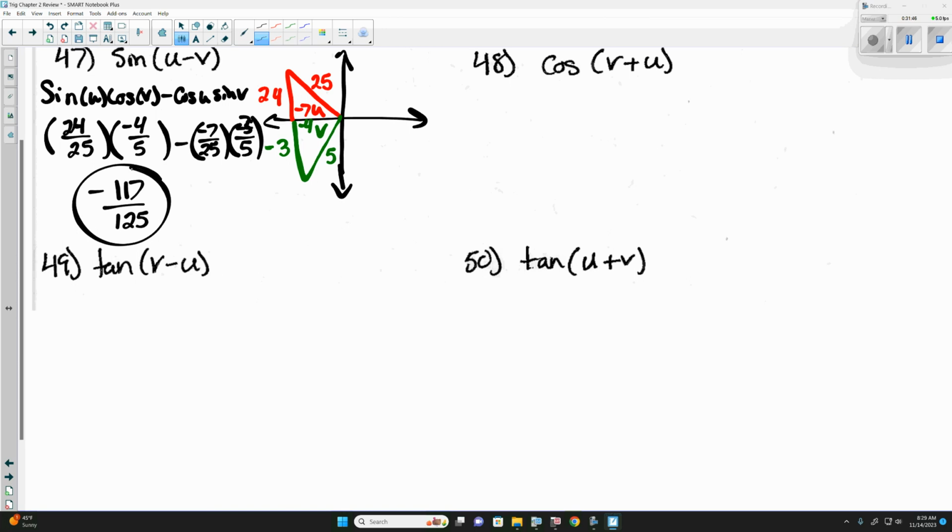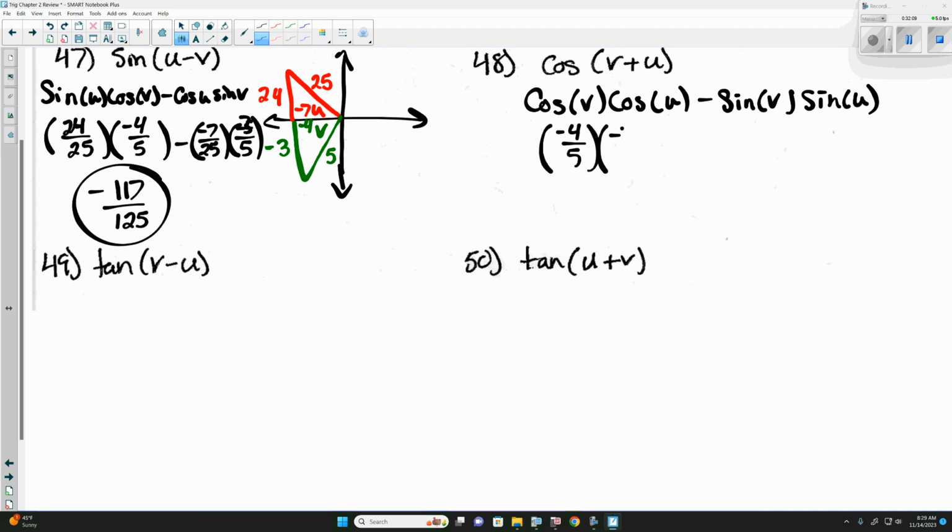Same for cosine of u plus v. That would be cosine of v, cosine of u minus sine of v, sine of u. Well, we already had cosine and sine of u and v. Cosine of v is -4/5.